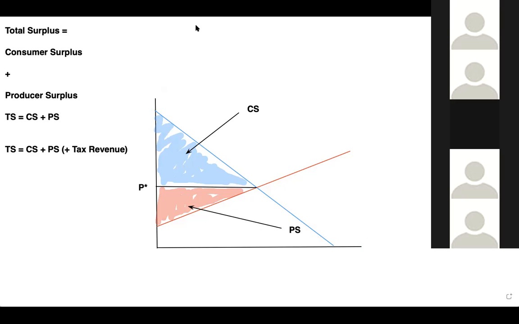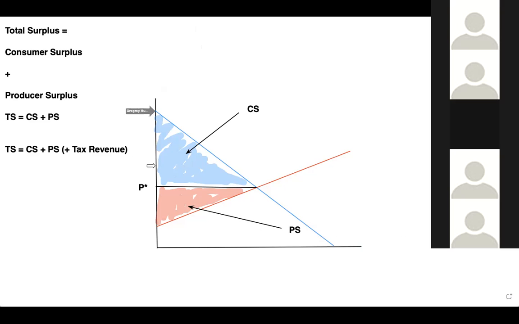And then, obviously, or maybe not so obviously, I'm going to point it out here, we have this equation that tells us if we just add up those two areas, we get total surplus. It's pretty simple as that, right? So we can measure consumer surplus and producer surplus as the area of a triangle.